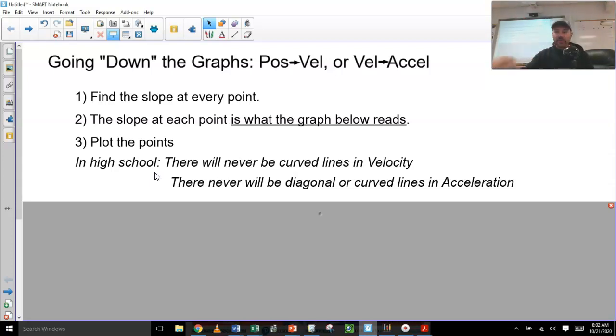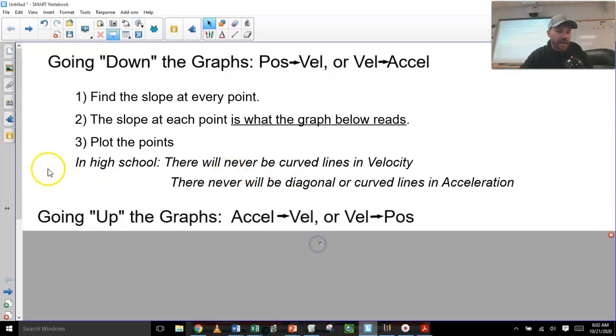So don't worry about any of that stuff. You're never going to have a curved line in the velocity versus time graph. And inside of the acceleration, it's only ever going to be horizontal. You're never going to have a diagonal one. That's beyond high school physics, when your acceleration is accelerating.